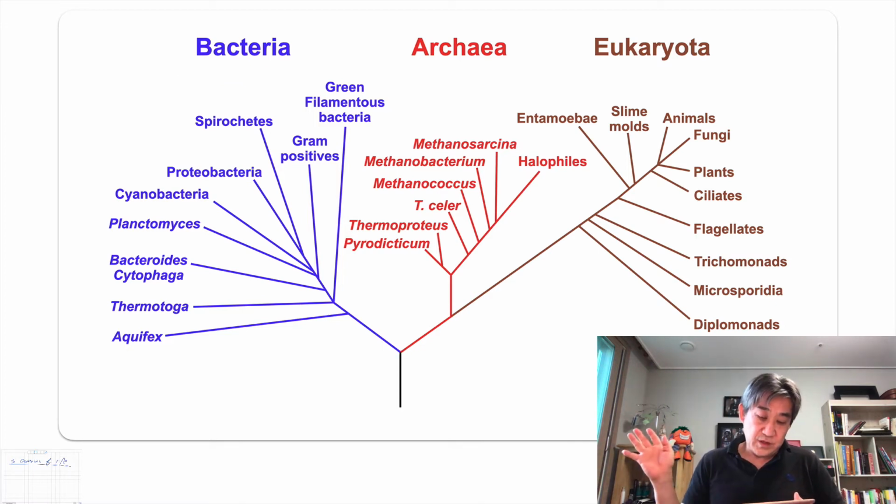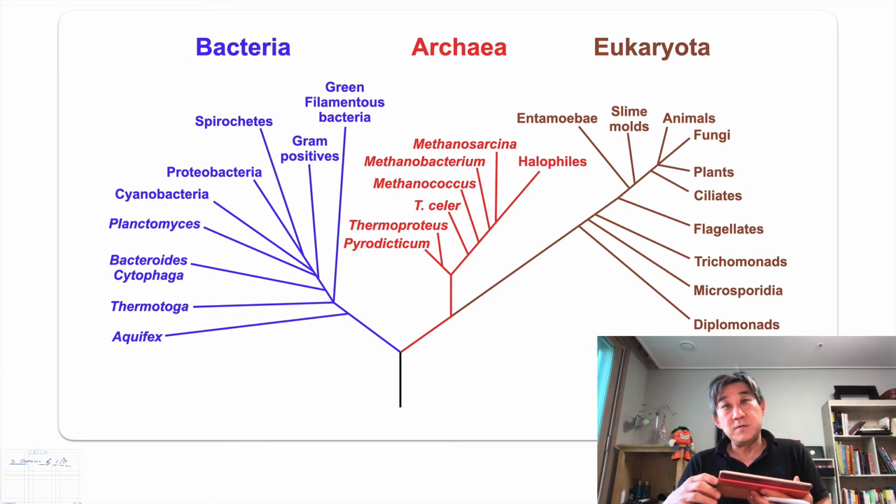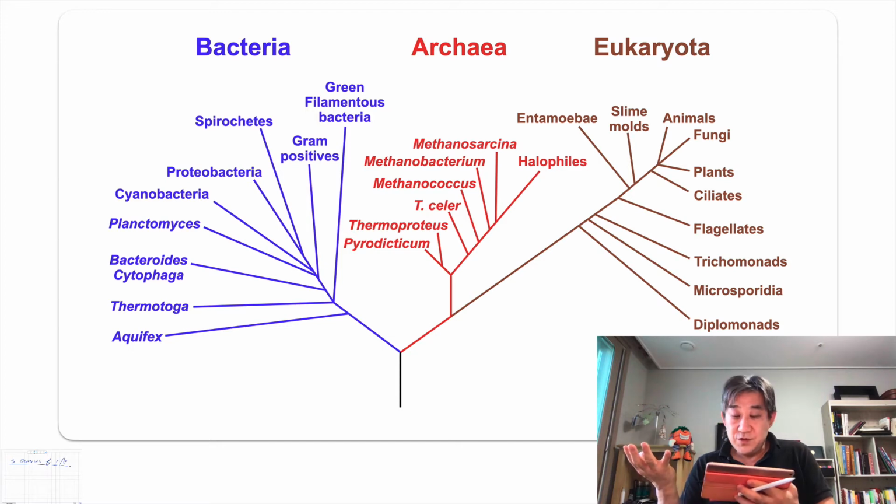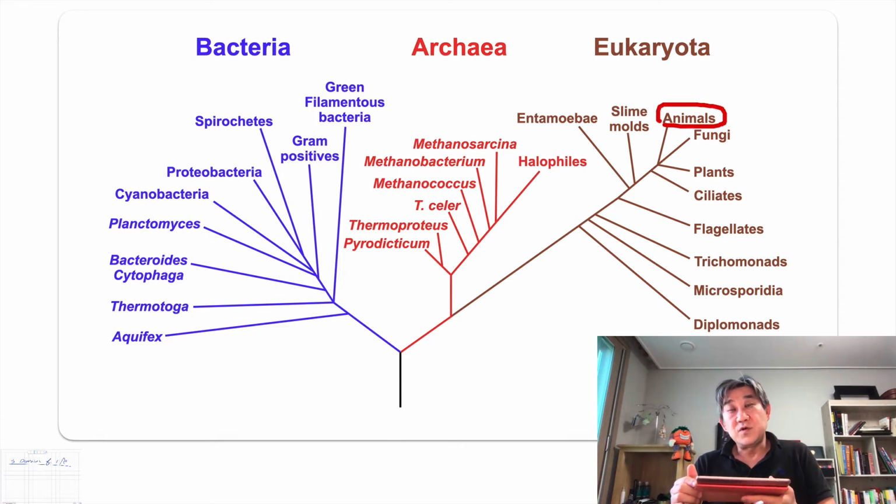We just simply ignore them, not that they were unimportant, but it was too complicated, so we don't have any time to focus on their diversity. But let's take a look at ourselves, eukaryotes, and these animals, obviously the ones that most of us feel most comfortable and familiar with, including us.